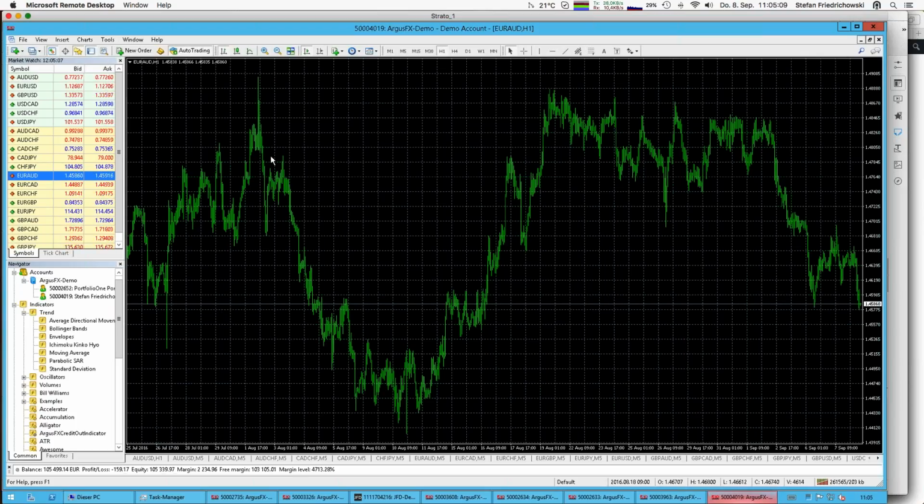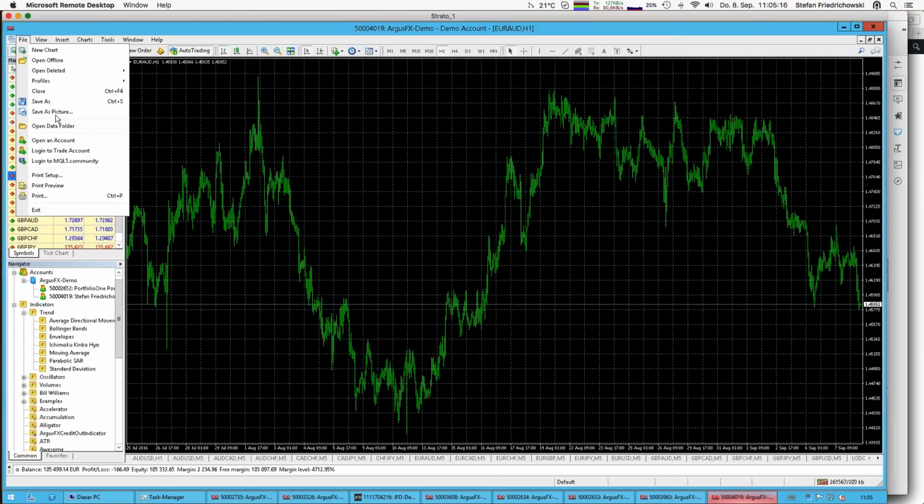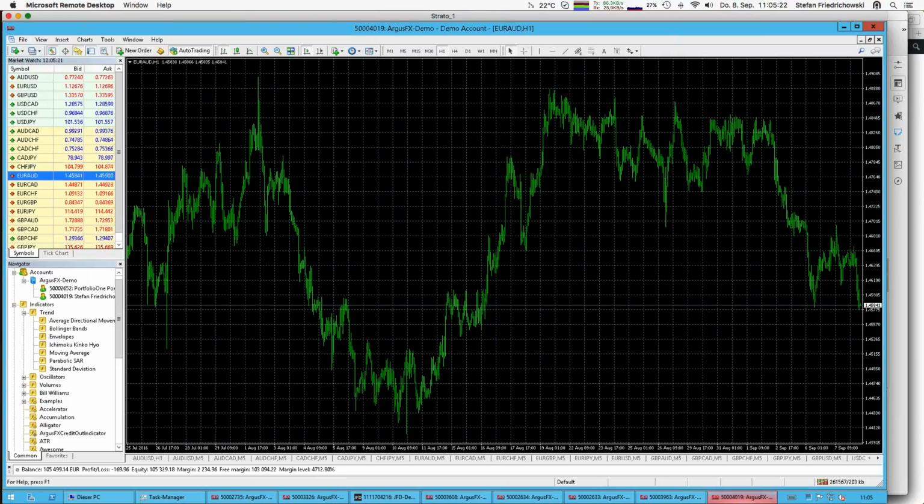What you do is you press File within your MT4, then you press Open Data Folder, and the good thing is now you are already directly where to put such kind of indicator. You see there's a very long list within the folder here, and it's normally quite complicated to find it.